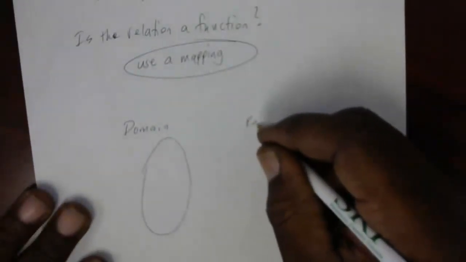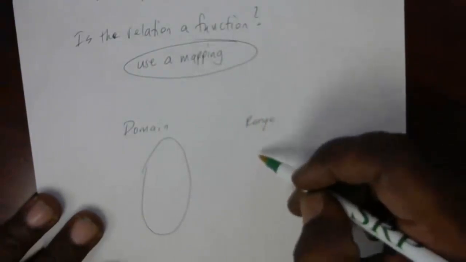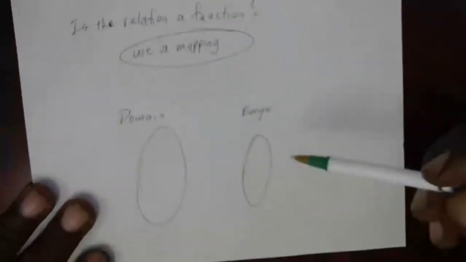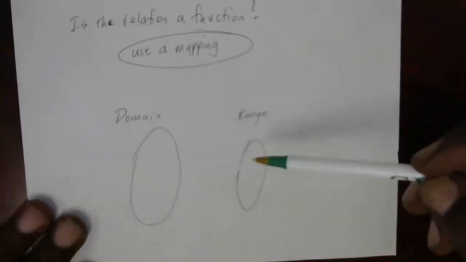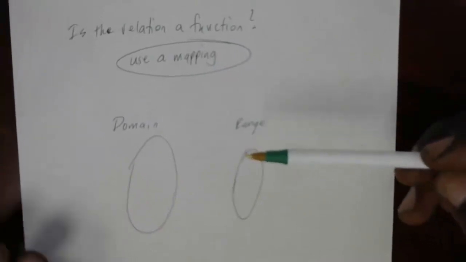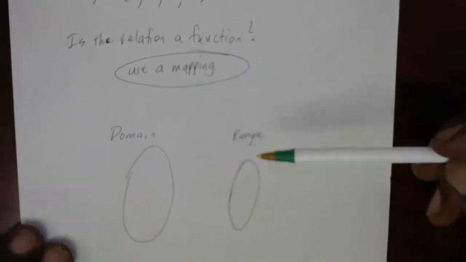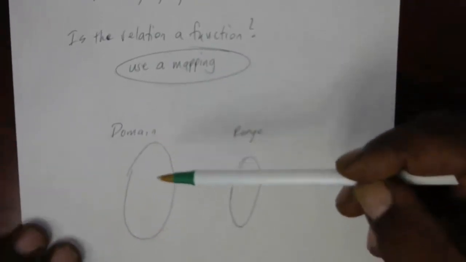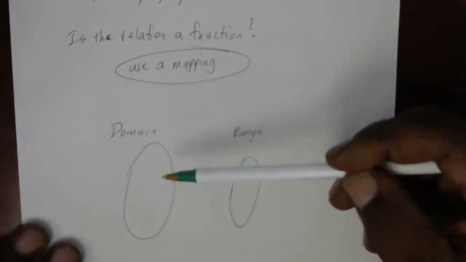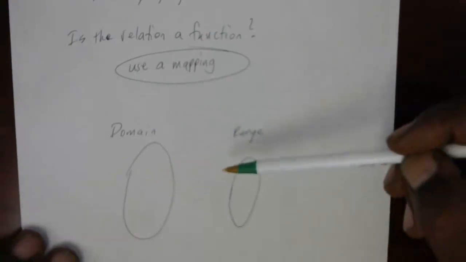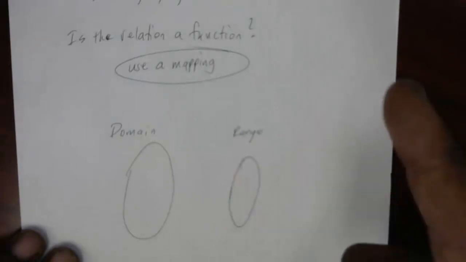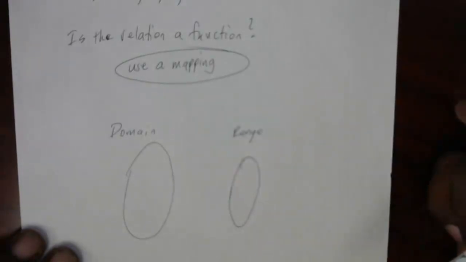We're going to list out our range in another column. And then we're simply going to map the domain to the range. And we want to keep the definition of a function in mind. Does each element in the domain correspond to exactly one element in the range?